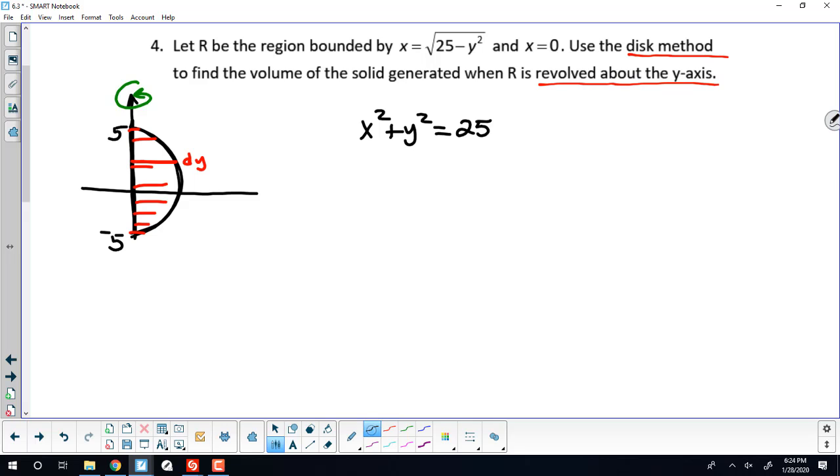So the volume would be pi times the integral from -5 to 5 of pi times our radius. And our radius in this case, just like in all of the others, is just the right minus the left. So it's our function minus 0.